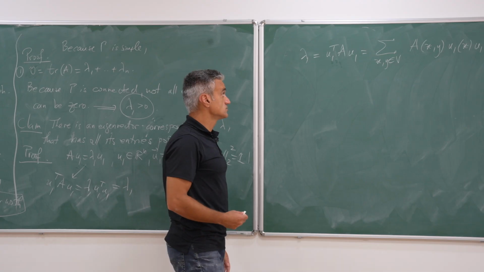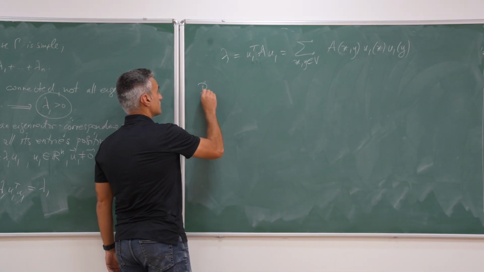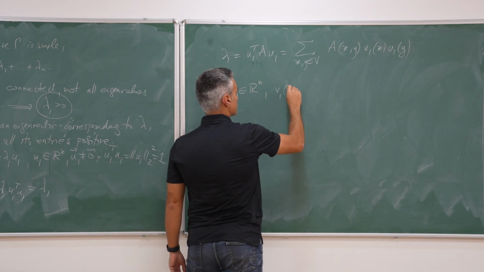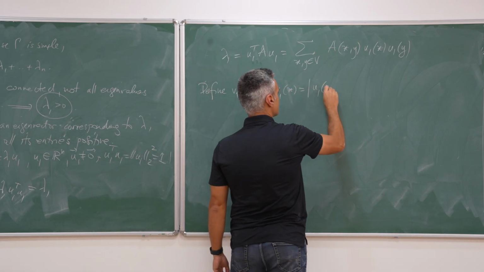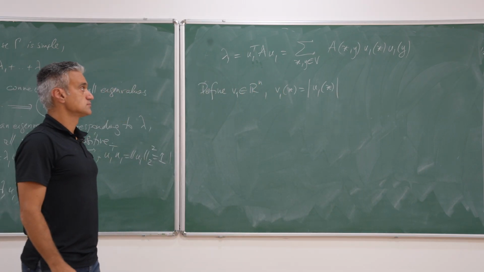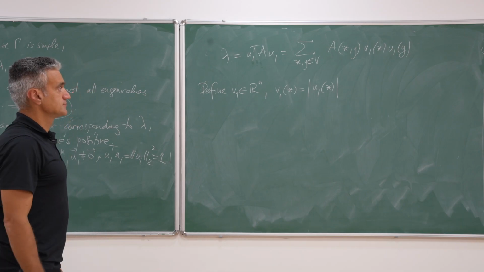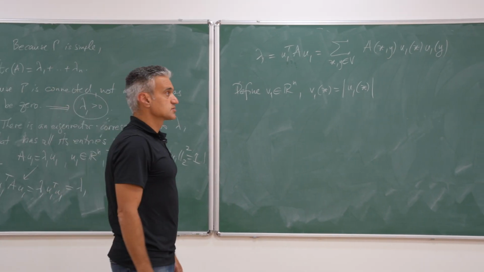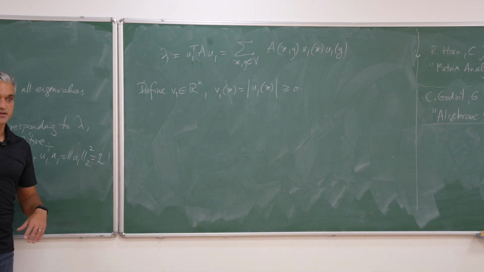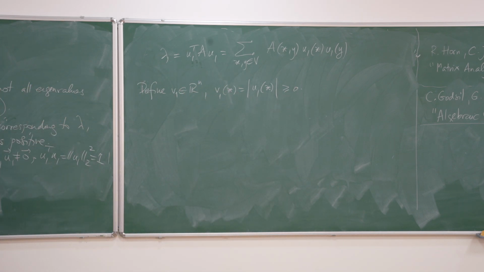So let's define v1. v1 of x is going to be the absolute value of u1 of x. What I'm doing is, if this u1 had positive and negative entries, I just bring everything to one side. Obviously, you have to worry about what happens if I had 0. That's what we have to deal with.